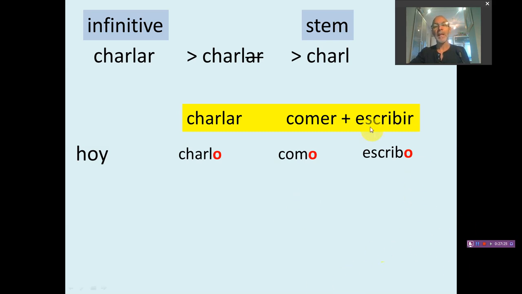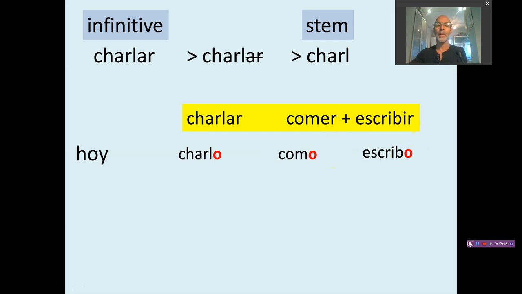And it's exactly the same for the other two groups of verb. You just add an O. So comer becomes como. Off comes the ER ending, on goes an O, como. Escribir, off comes the IR ending, and on goes an O. So the same pattern for all three categories of verb.